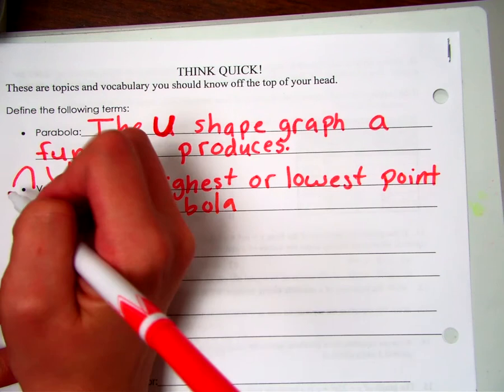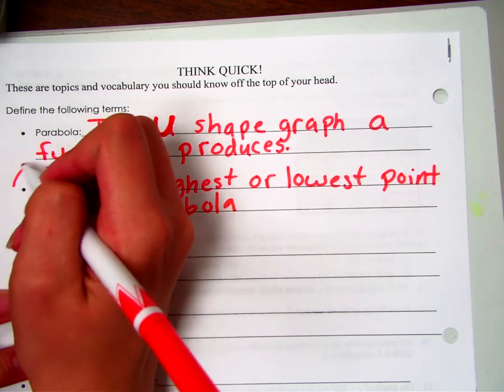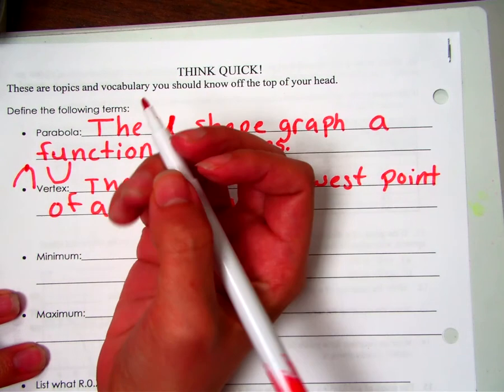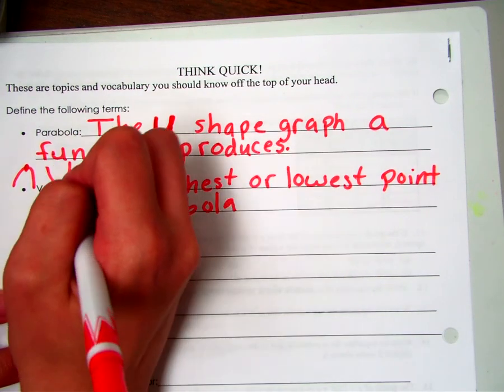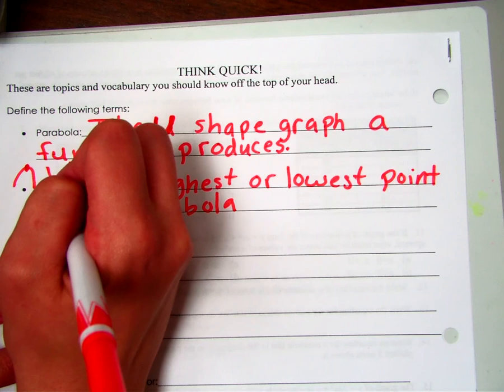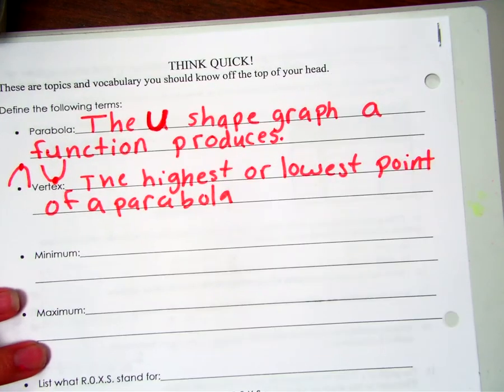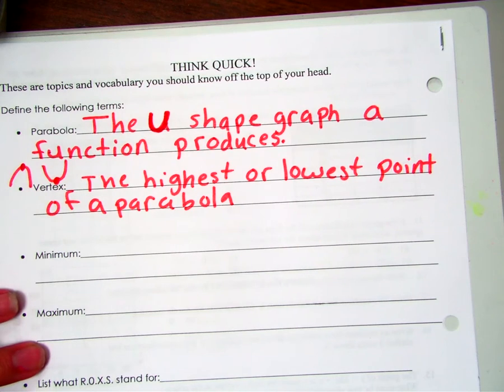When the parabola is upside down, this is the highest point, so that would be the vertex. And on the parabola facing up, the lowest point right here is the vertex. So remember, the highest or lowest point of your parabola is called your vertex.